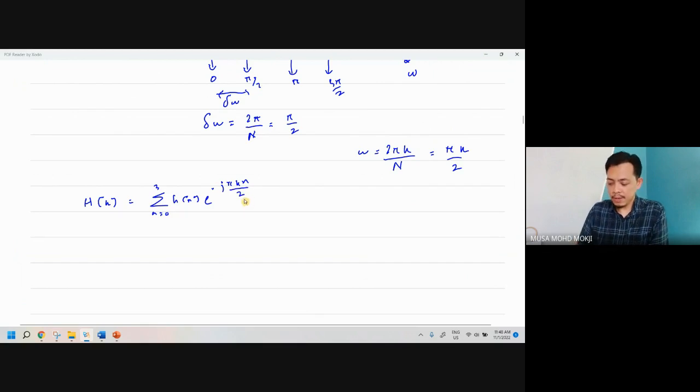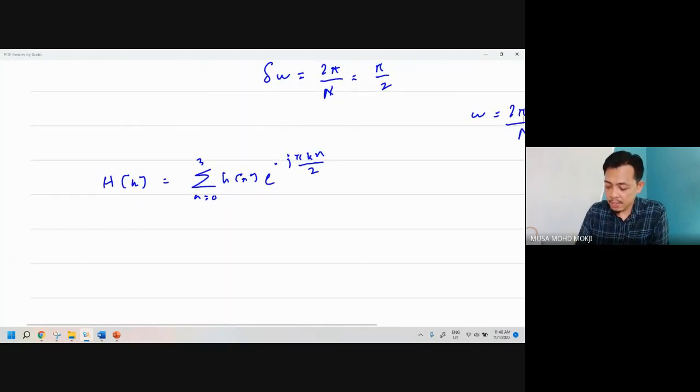Right, so this is what we have. If we expand this, because n is from 0 up to 3, we should have 4 terms.